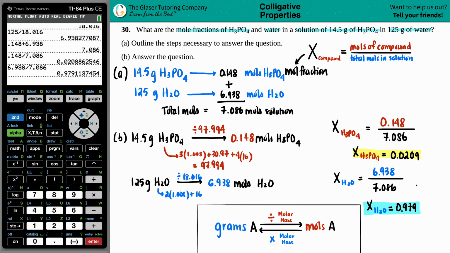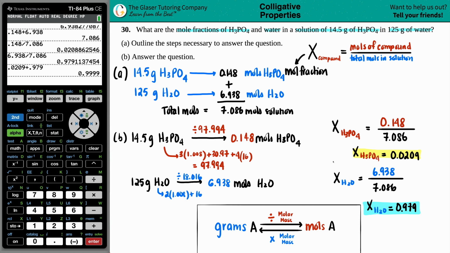And as a little check, just know that if you add up all of your components, what number do you think your mole fractions should equal? If I take the 0.0209 and 0.979, it's very, very close to 1. So we did it perfectly.